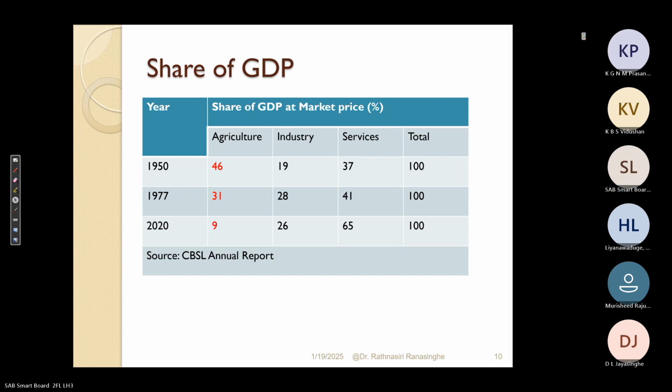Now we see this structure change by looking at the sectoral contributions to the GDP. In 1950 agriculture was dominant. Now the service sector is dominant, contributing more than 65%.